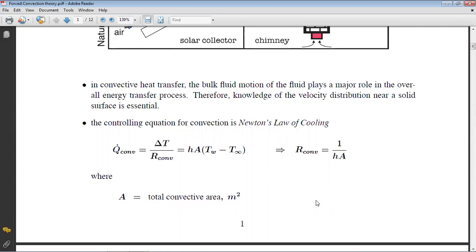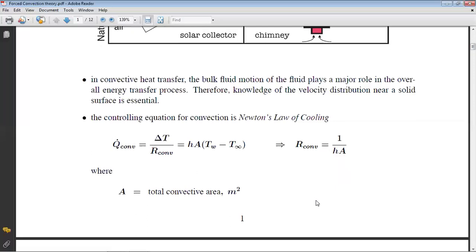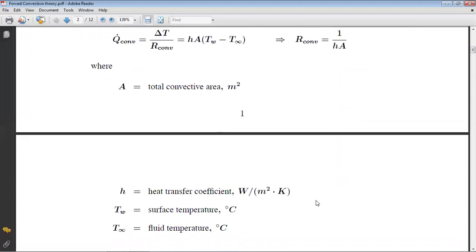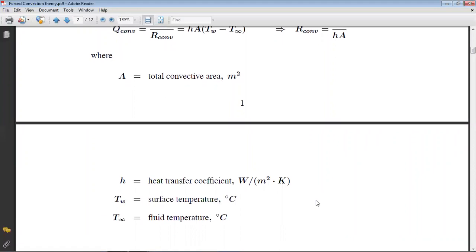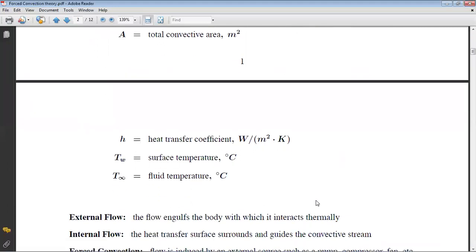The convective resistance is 1 over hA, where h is the heat transfer coefficient and A is the surface area. We all know convection is a surface phenomenon. And Tw and T infinity are the wall temperature or surface temperature, and fluid temperature respectively.